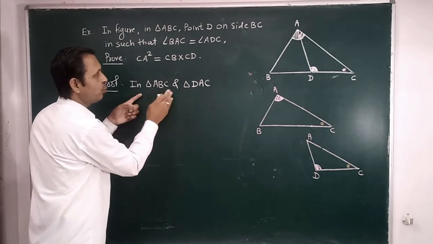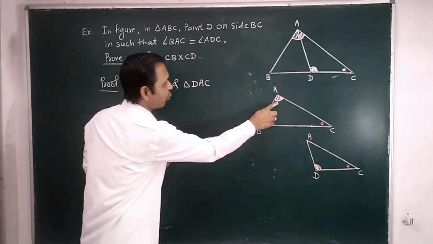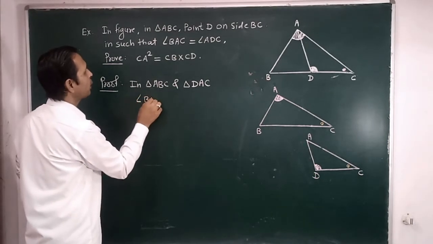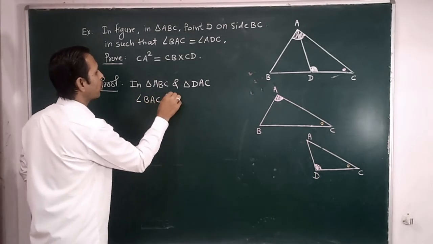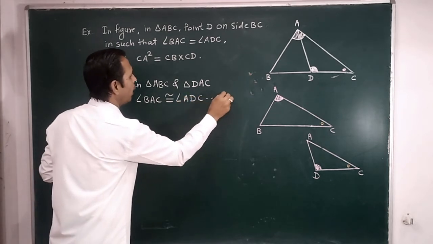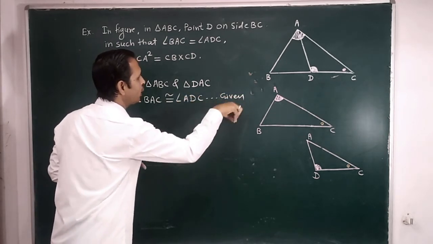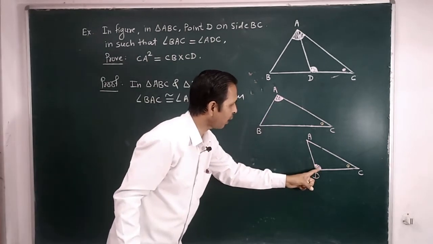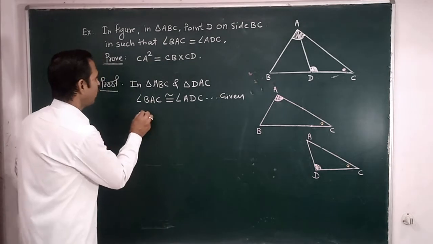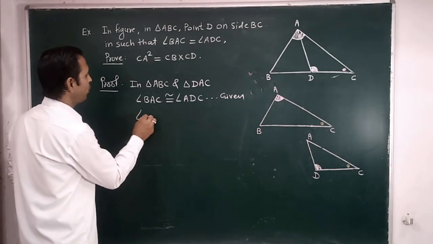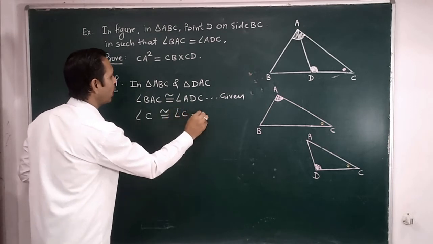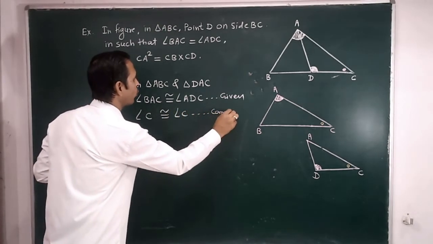Now in these two triangles, what happens from this figure? Angle BAC is congruent with angle ADC. Why? Because this statement is given. And then angle ACB, or we take only angle C, is congruent with angle C, that is the common angle.